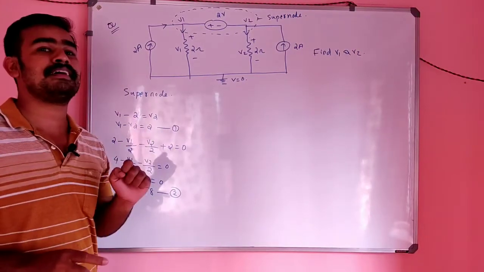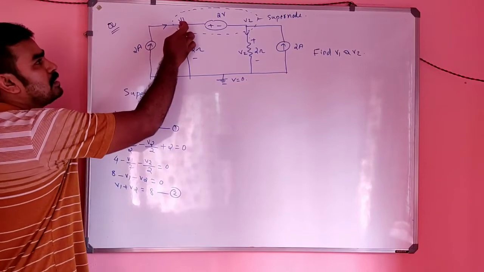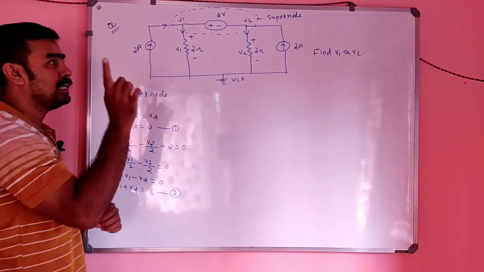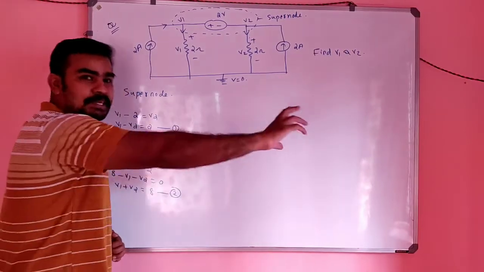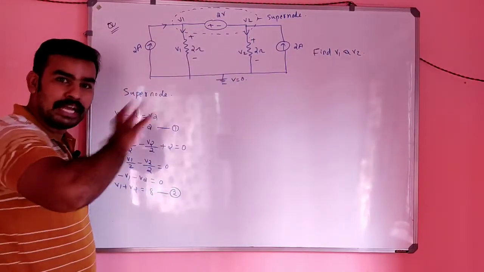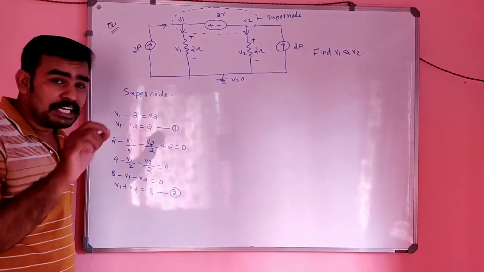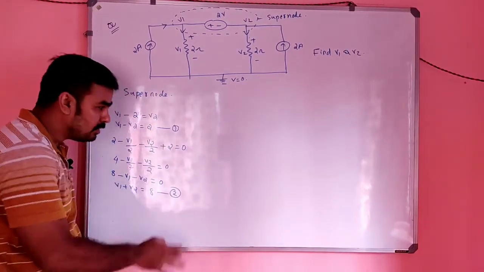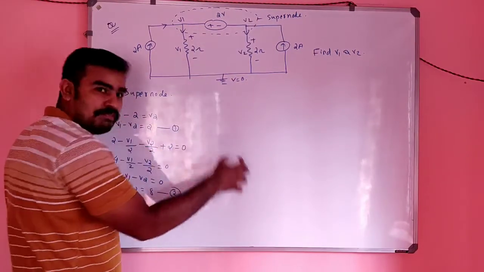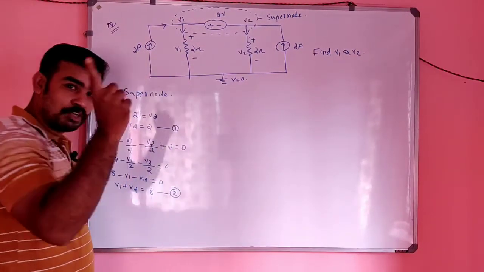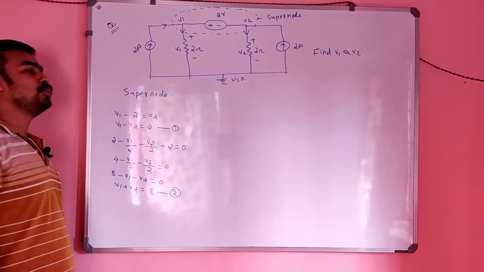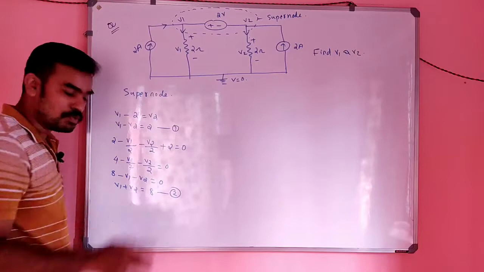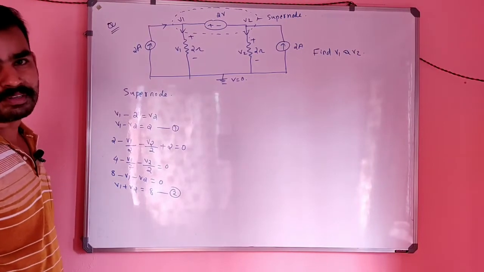But remember, the elements under each node remain as they are, and write a common equation for V1 and V2. You do not need to write separately for V1 one equation, for V2 another equation, and solve V1 and V2. No, that is wrong here. You have to write a common equation for V1 and V2. That is how it is formed.